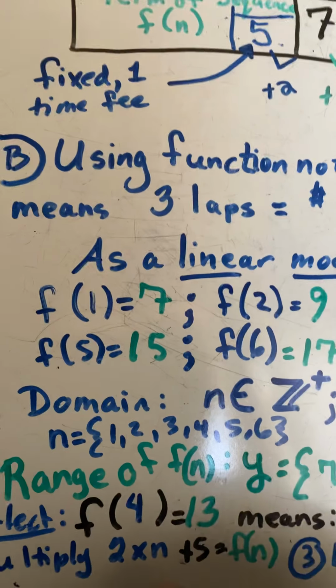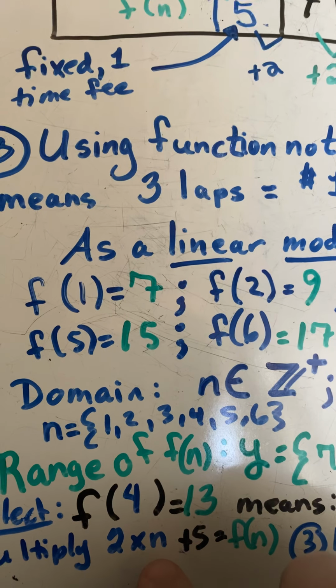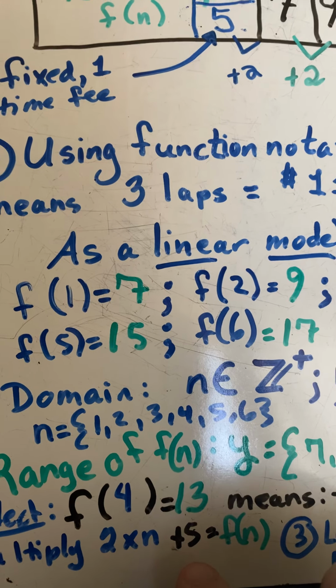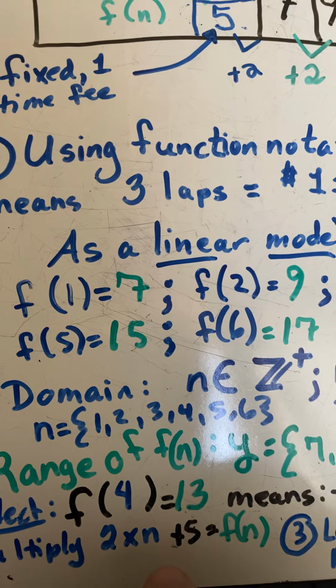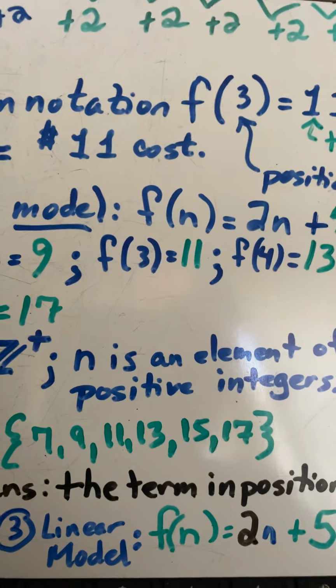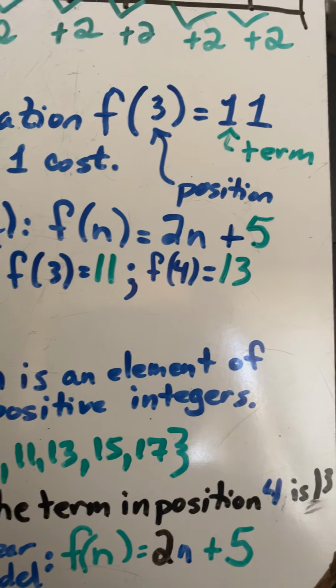And so what we did was we multiplied. Again, that's our common difference times the position plus the 5 fixed cost gives us the f of n, or the total cost for n number of laps around the track. This is a linear model. Again, f of n equals 2n plus 5.